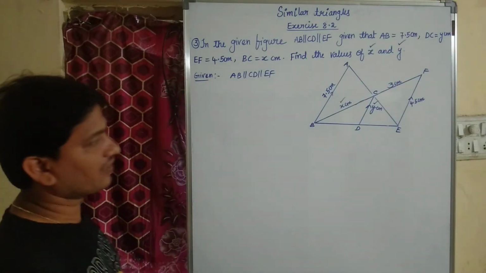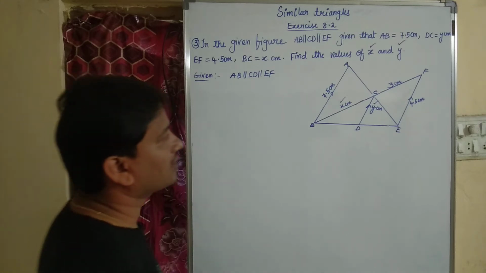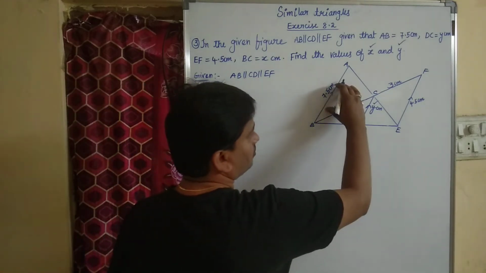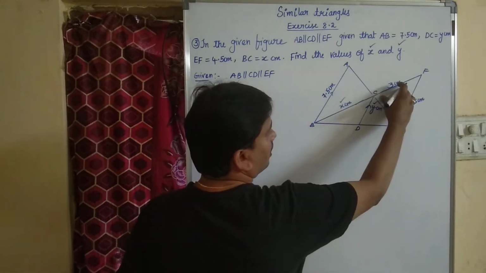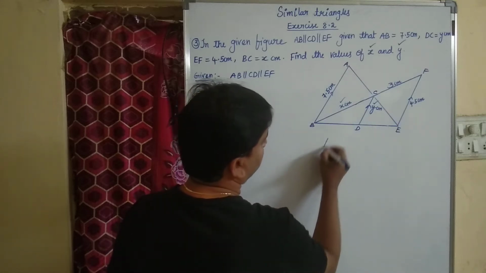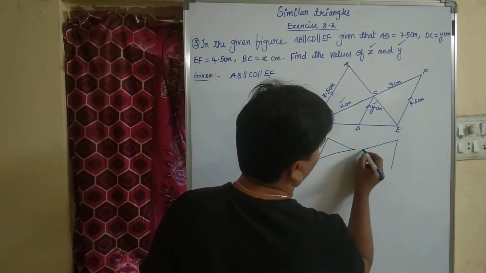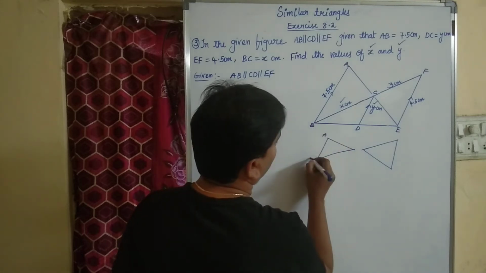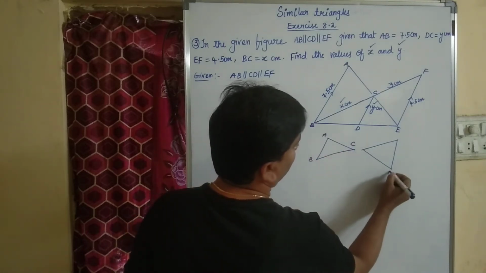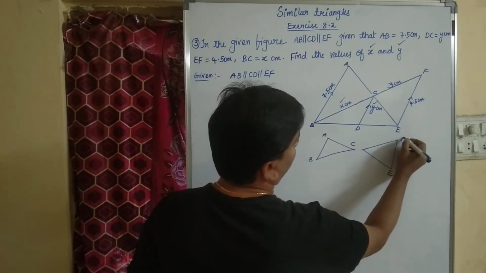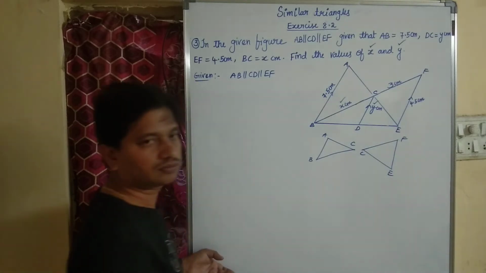To find the value of x, I will consider two triangles, triangle ABC and triangle EFC. Let me consider the two triangles A, B, C, E, F, C.